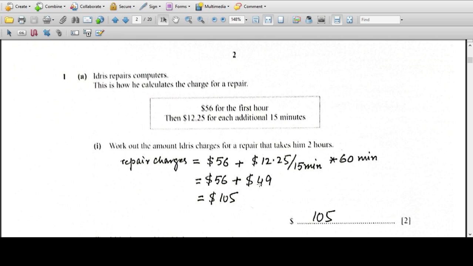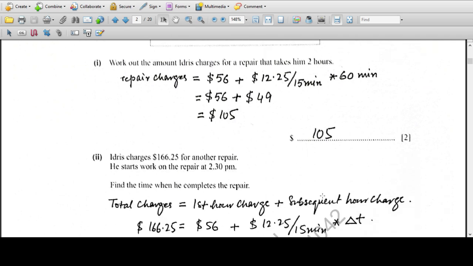On solving, we get $49 for the second hour, and with the addition of 56 and 49, the total charge for the repair is $105.